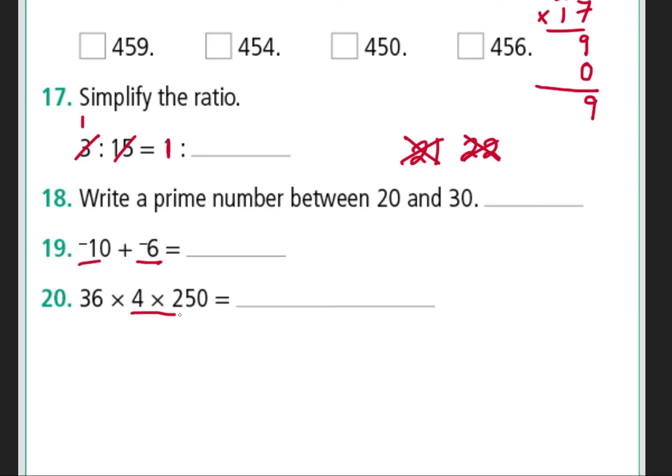Now if we look here, we've got 4 multiplied by 250, and that's 1,000. And that's a really nice number to work with, because now we just have to take 1,000 and multiply it by 36. So we just have to put 2 zeros onto our 36 here, and it makes this sum much, much easier. Okay, so best of luck with that, guys.